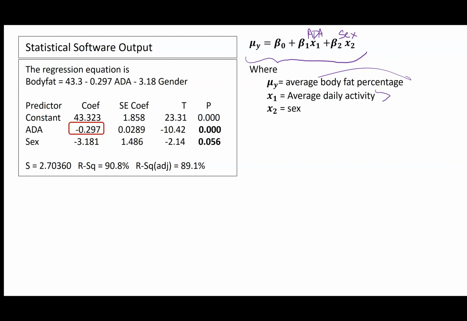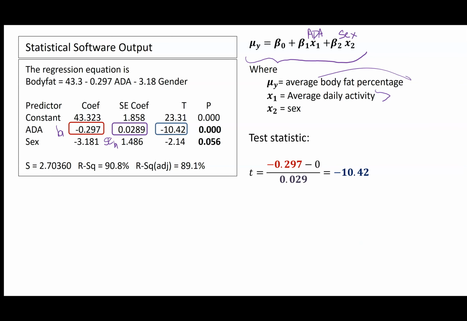If I want to calculate the t test statistic, I need to take B1, and that right there is SE, my standard error for B1. I'm going to take the ratio of those two values and I'm going to get negative 10.42.